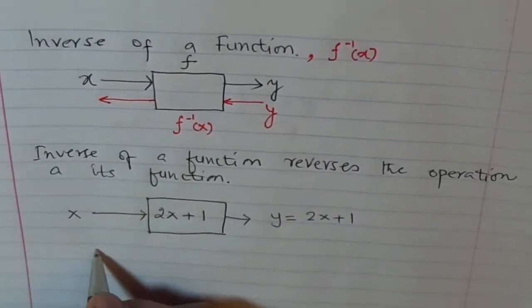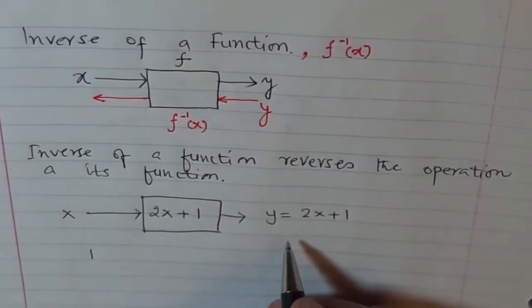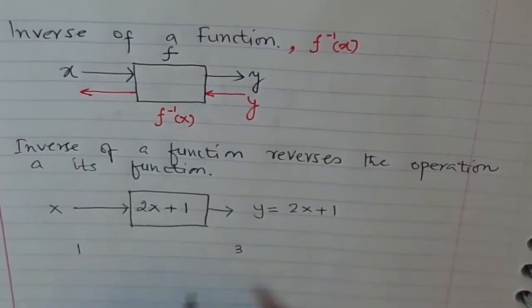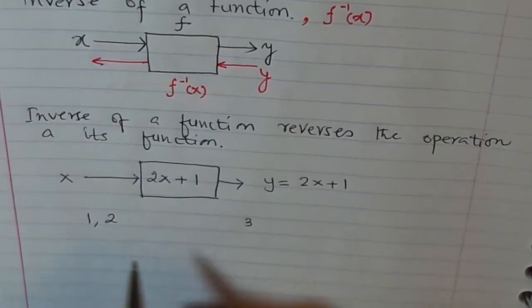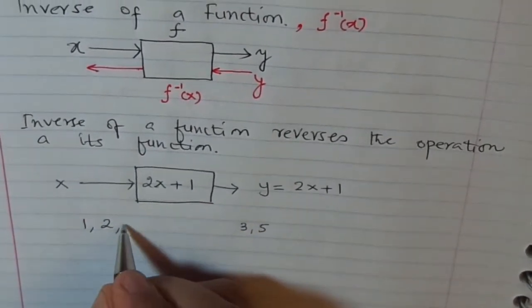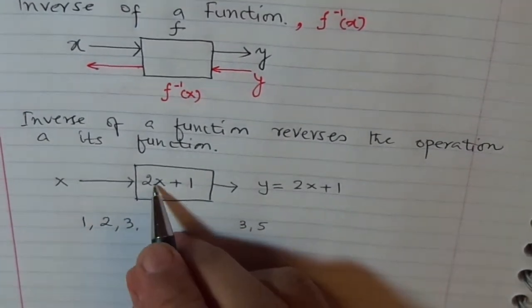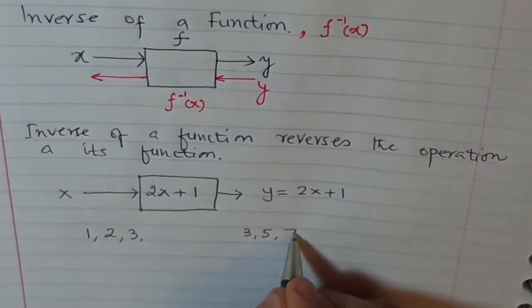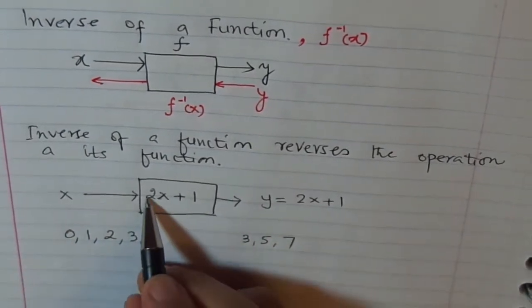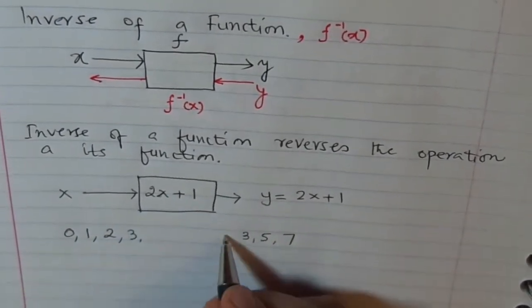So for input 1, we get the output 1 times 2, 2 plus 1, 3. For input of 2, we'll get 2 times 2, 4 plus 1, 5. For 3, the output will be 3 times 2, 6 plus 1, 7. For 0, the output will be 0 times 2, 0 plus 1, 1.